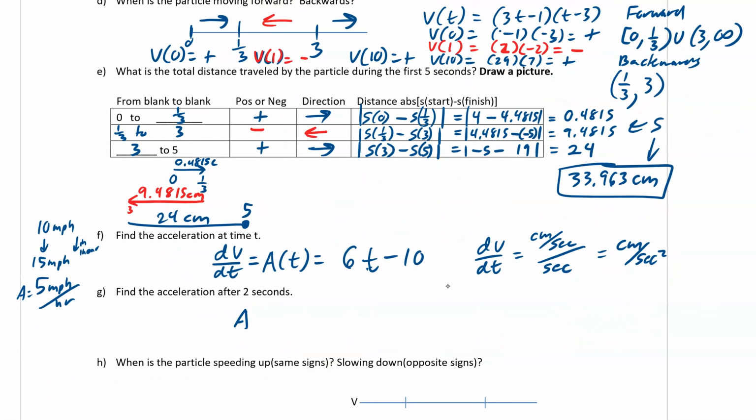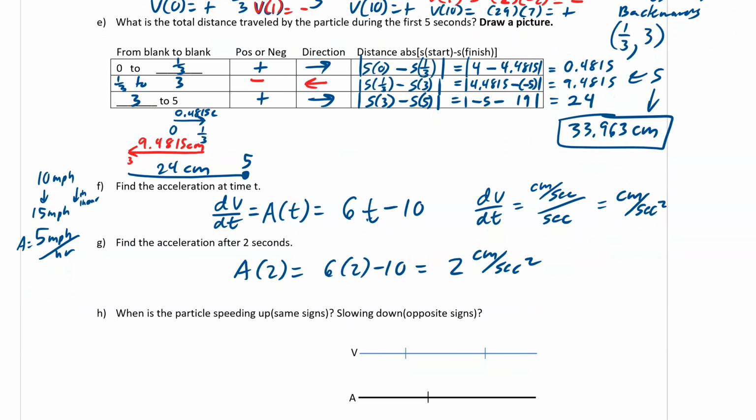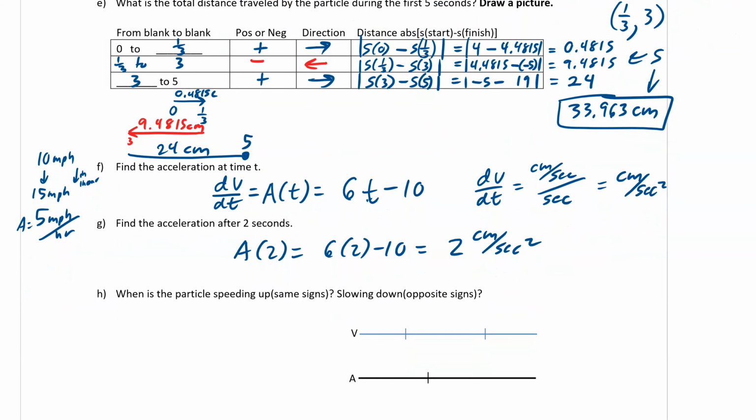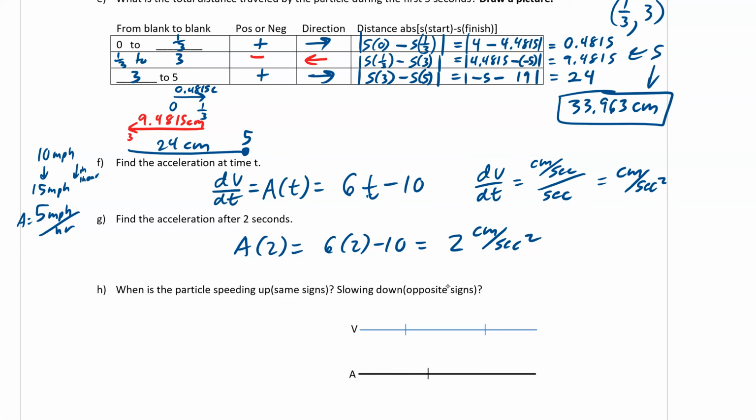So what's the acceleration at 2 seconds? If we plug in 2, this would be 2 centimeters per second squared. So what that means is the velocity is going to increase by 2 centimeters per second at 2, which means it's accelerating. Correct? Maybe not. If it's moving in a negative direction, like negative 5, and our acceleration is 2, then what it's actually doing is slowing down.